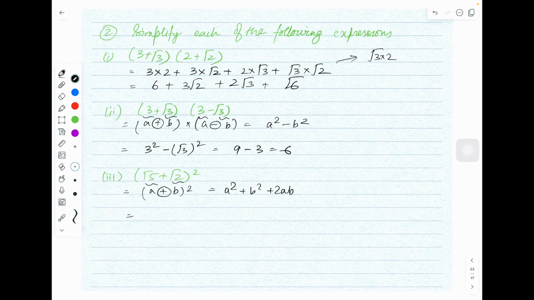A is root 5 square, B is root 2 whole square, plus 2 into root 5 into root 2. 5 square is 5, root 2 square is 2, and 2 root 5 into 2. So 5 plus 2 is 7, plus 2 root 10. So it is 7 plus 2 root 10.